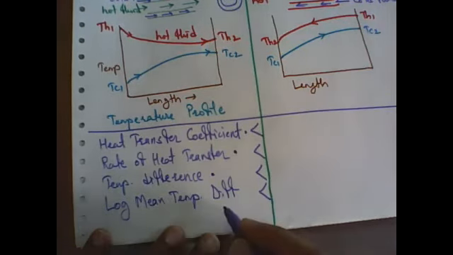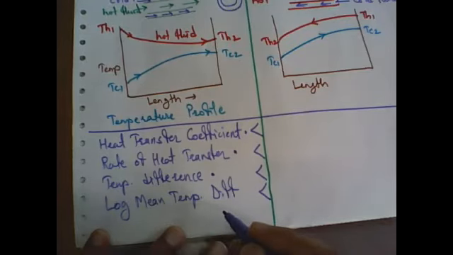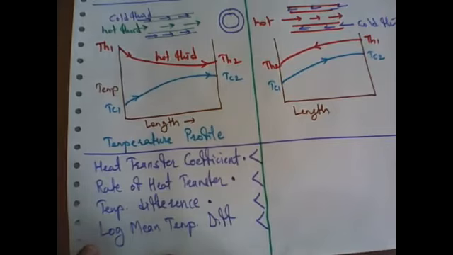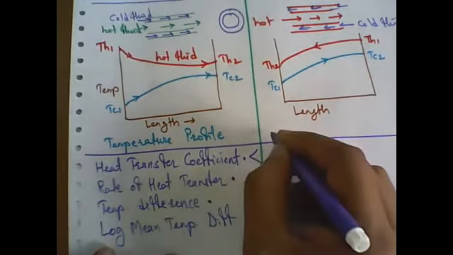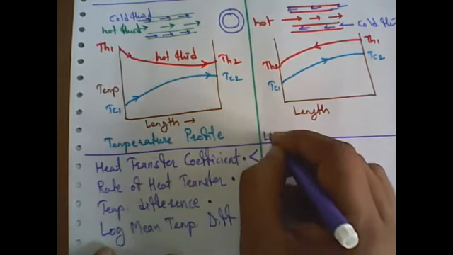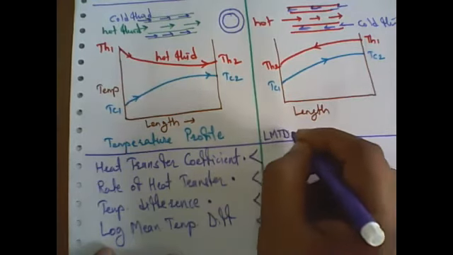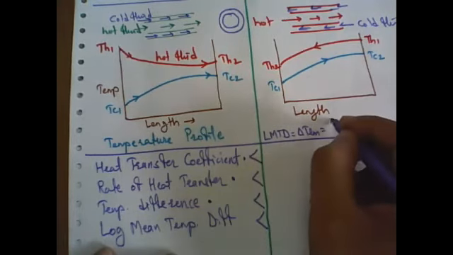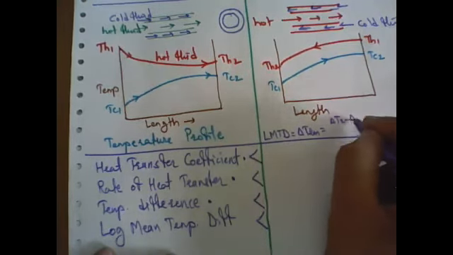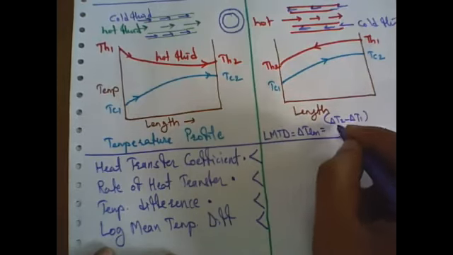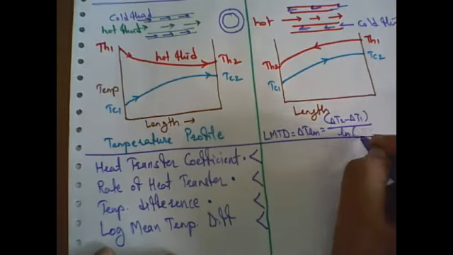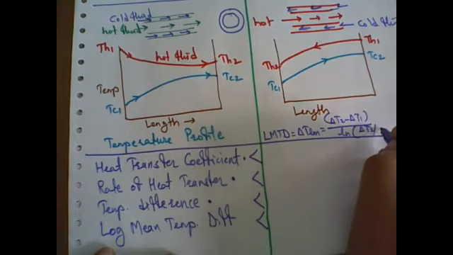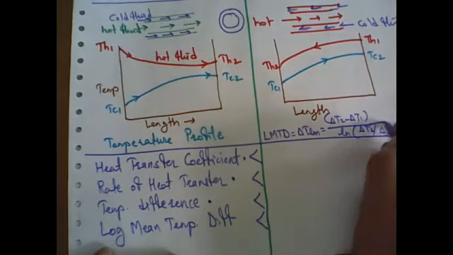But what is this log mean temperature difference? This log mean temperature difference is nothing but the LMTD value. It is denoted by the simple formula, that is LMTD or delta TLM. It is delta T2 minus delta T1 upon ln of delta T2 by delta T1.